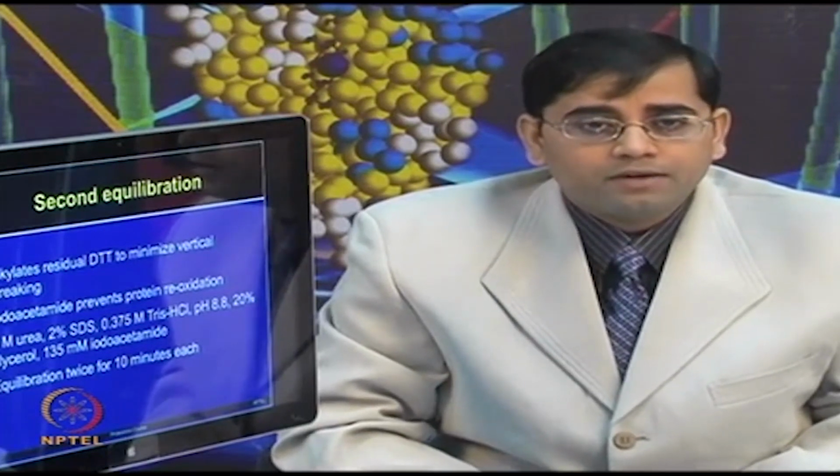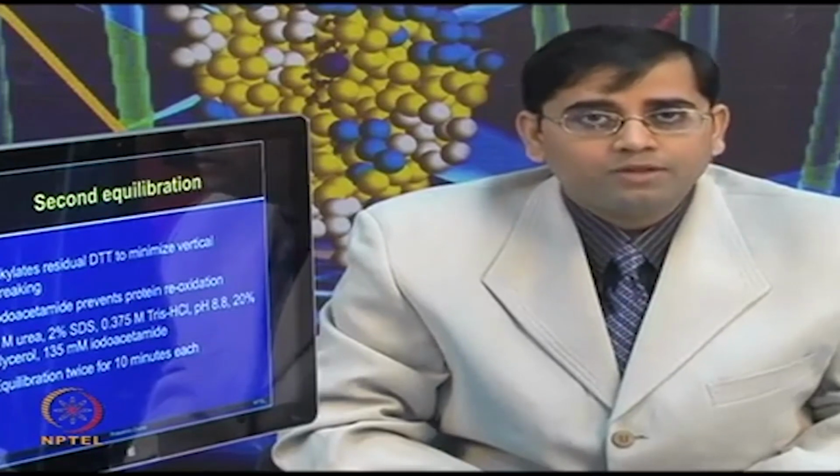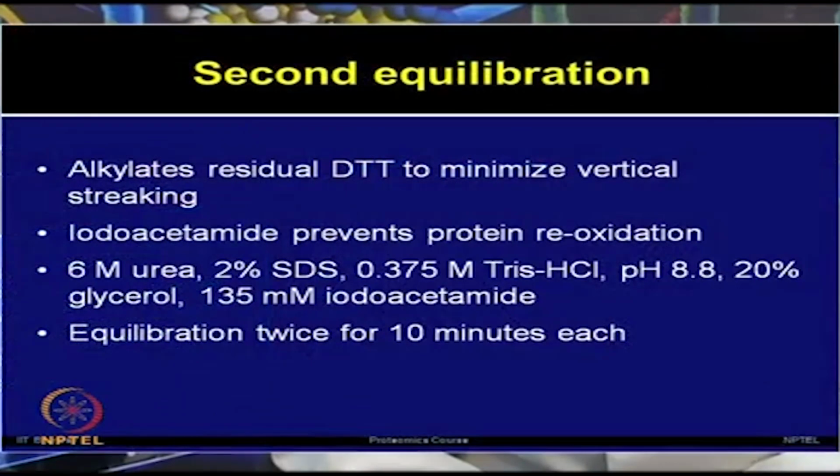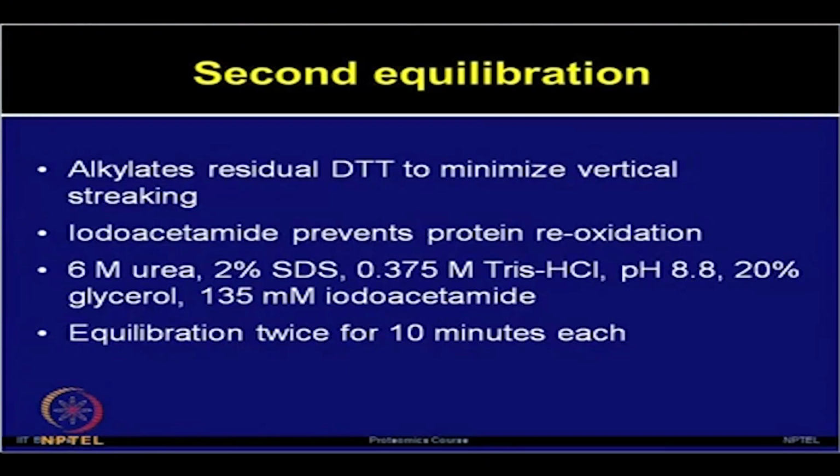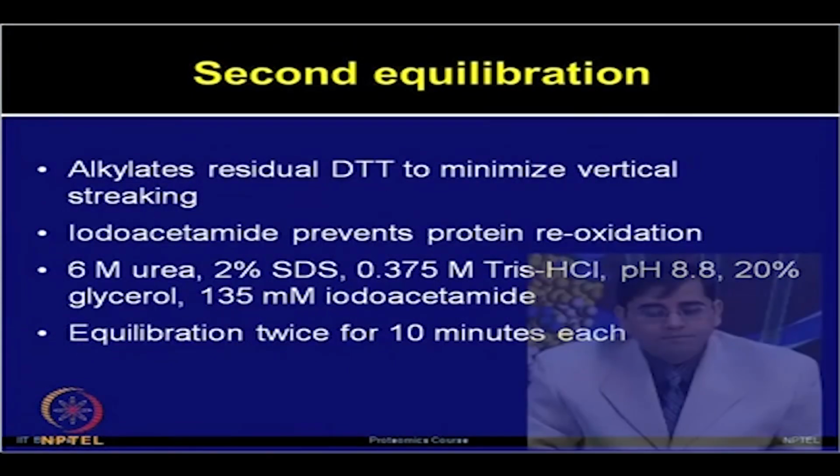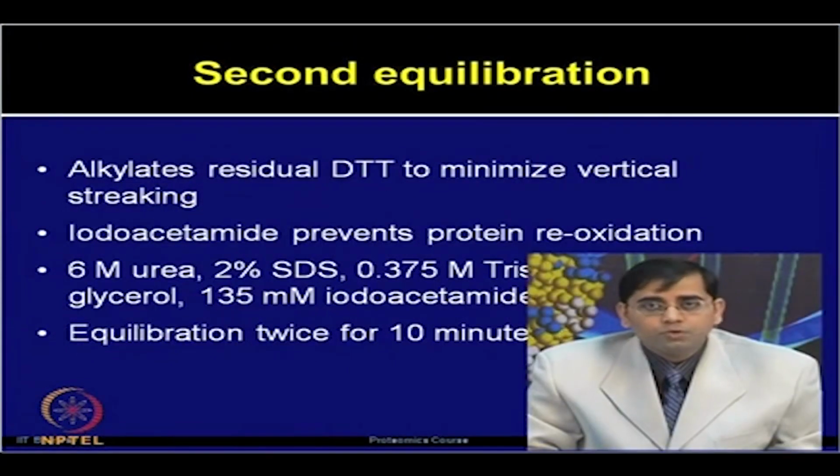This buffer recipe is exactly similar to the last one, except one change: DTT is replaced with iodoacetamide. So, you can add 135 millimolar iodoacetamide during the second equilibration step.